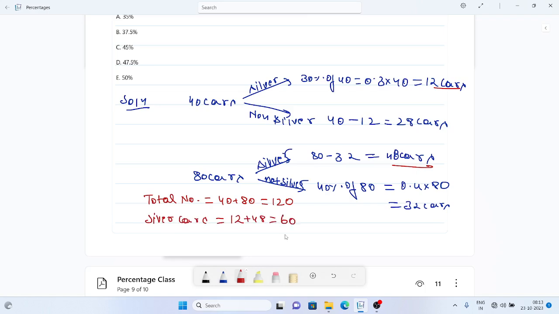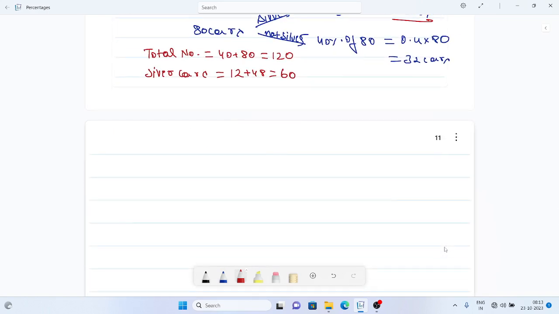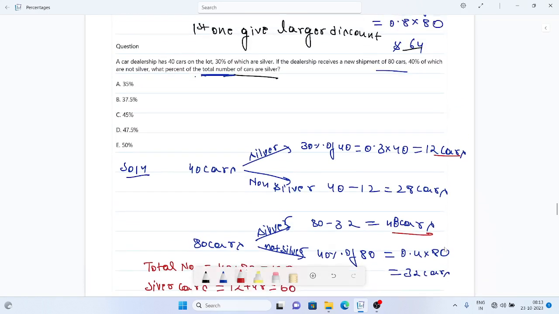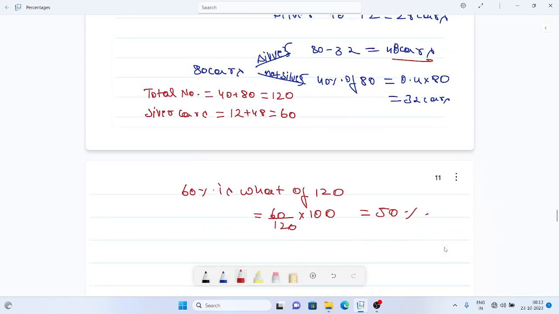Now 60 is what percentage of 120? He asked this. So it is 60 by 120 into 100, which gives 50%. Okay, did you get this question? Okay, so please note it down, then we move forward.